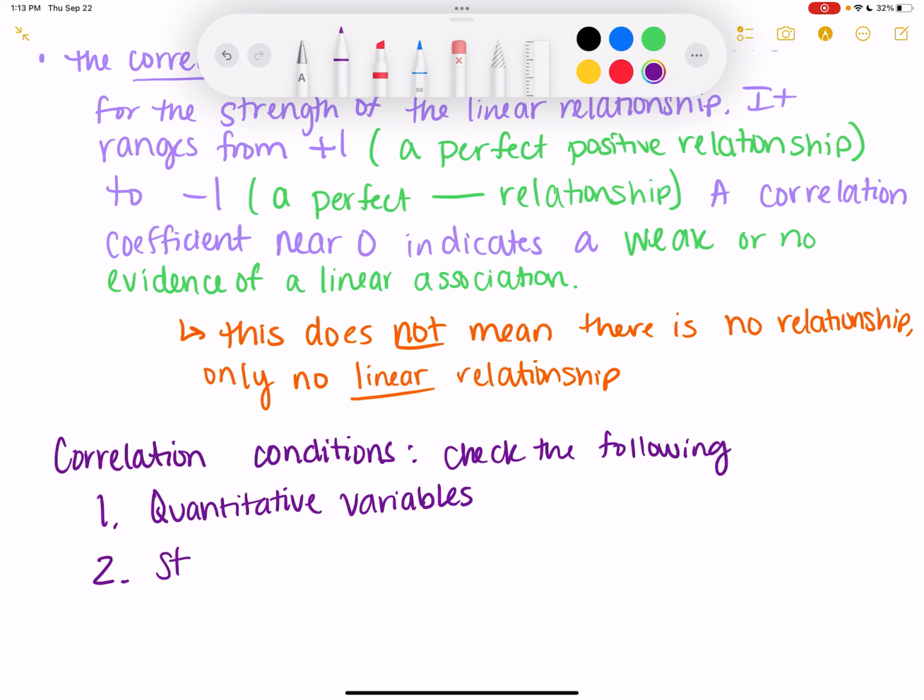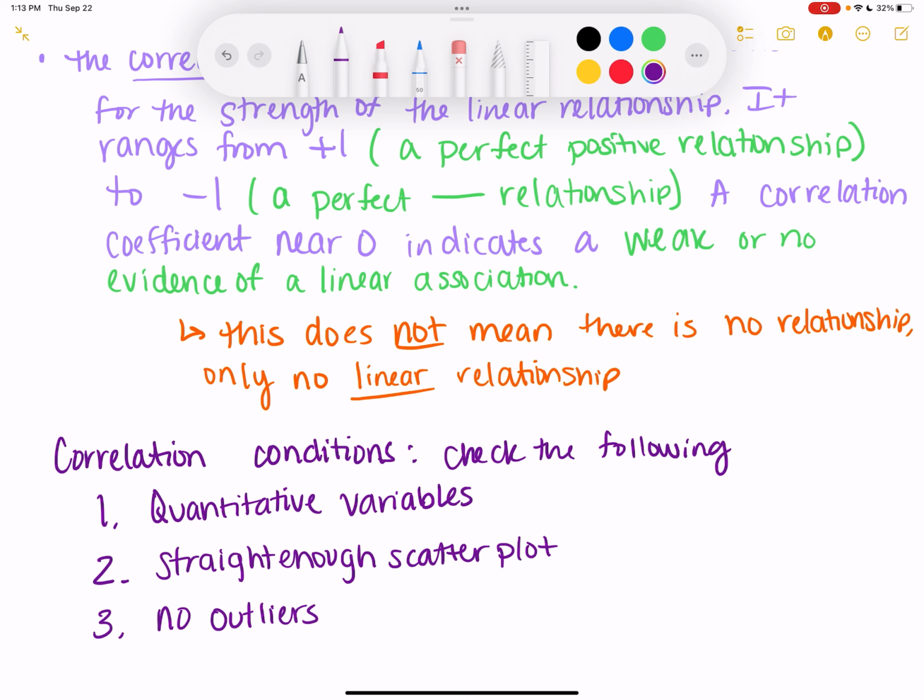2, it's got to be a straight enough scatter plot. It needs to be basically pretty linear looking. It can't be all over the place and sporadic or curved. And then 3, no outliers.